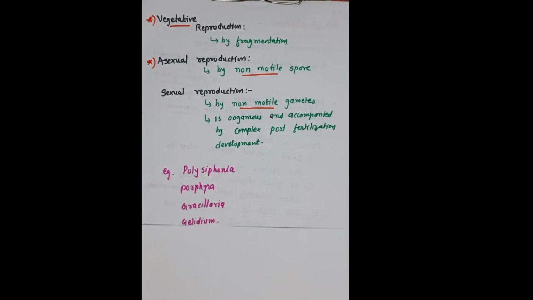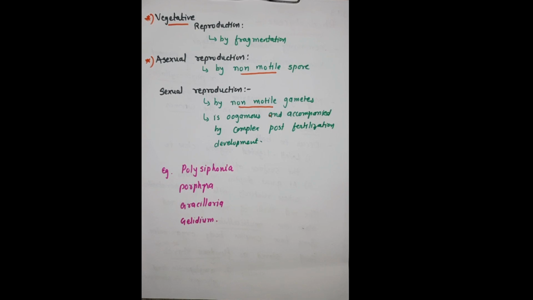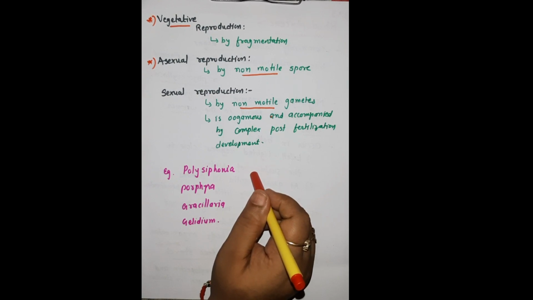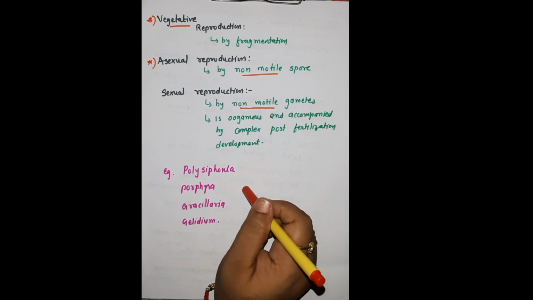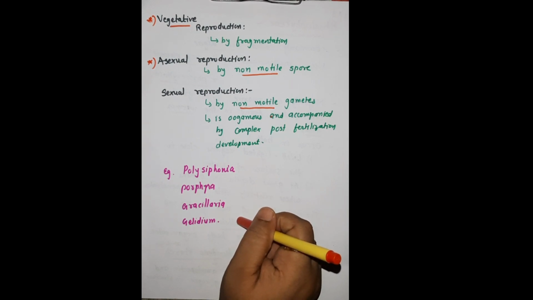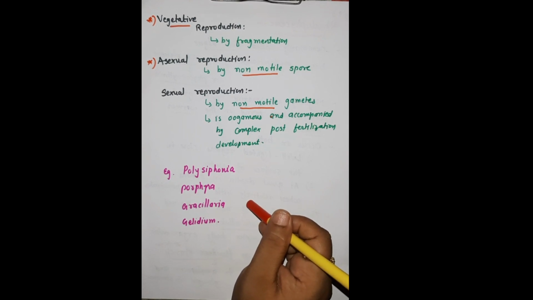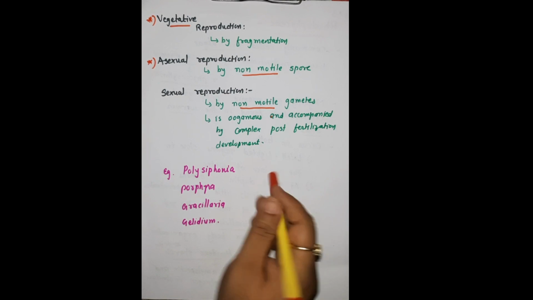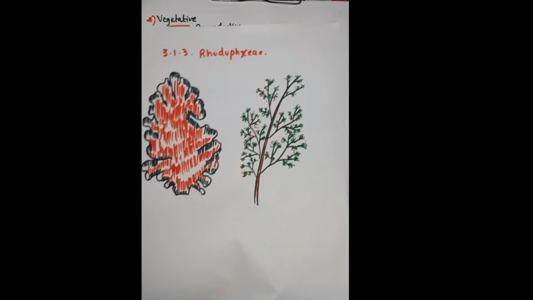Second thing to remember, examples are Polysiphonia, Porphyra, Gracilaria, and Gelidium. So remember, examples: Polysiphonia, Porphyra, Gracilaria, and Gelidium.